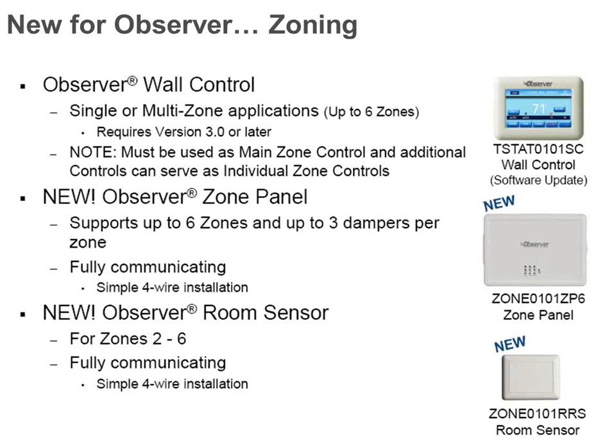The zone panel is a communicating device, just like the furnace, just like the AC, just like the Observer stat. The panel communicates on those same exact 4 wires. For the room sensors, there are older ones that you can use that are 2-wire, which I think is what Don was mentioning.